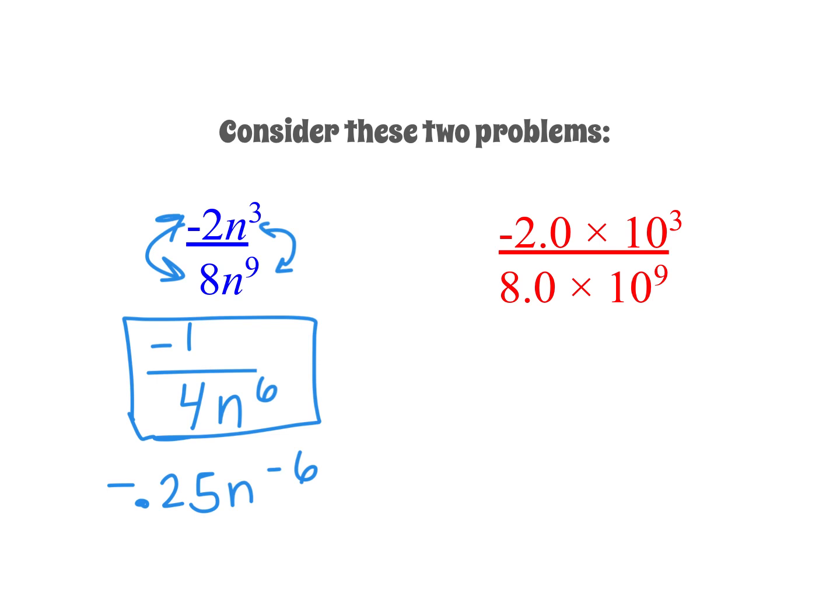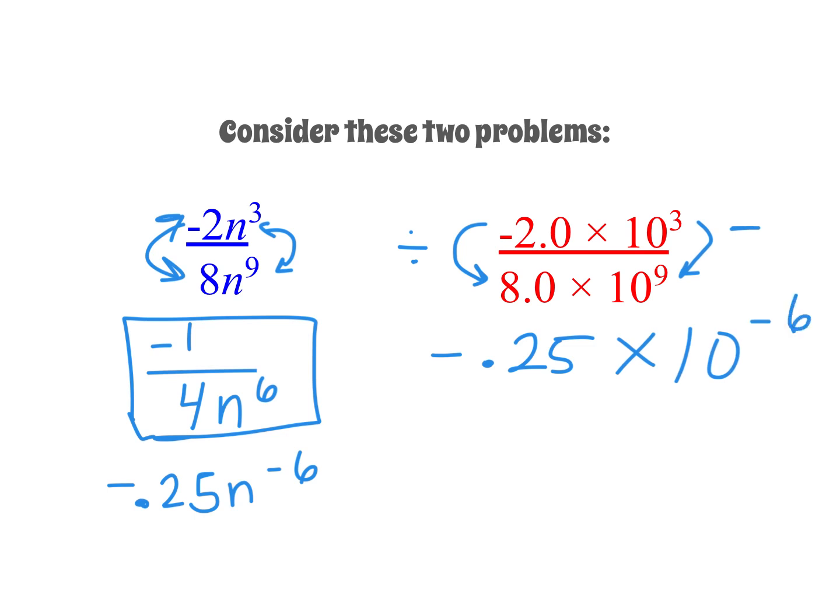when you're dividing scientific notation. So with this division problem, all we're doing is negative 2 divided by 8. And if you think about that, that's negative 1/4, which is negative 0.25. And then you just subtract your exponents, 3 minus 6. So we're subtracting these, leaving us with negative 6.